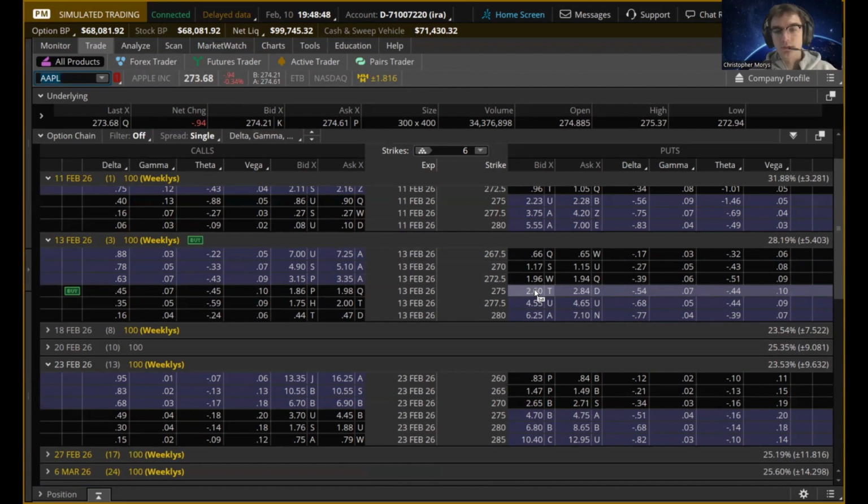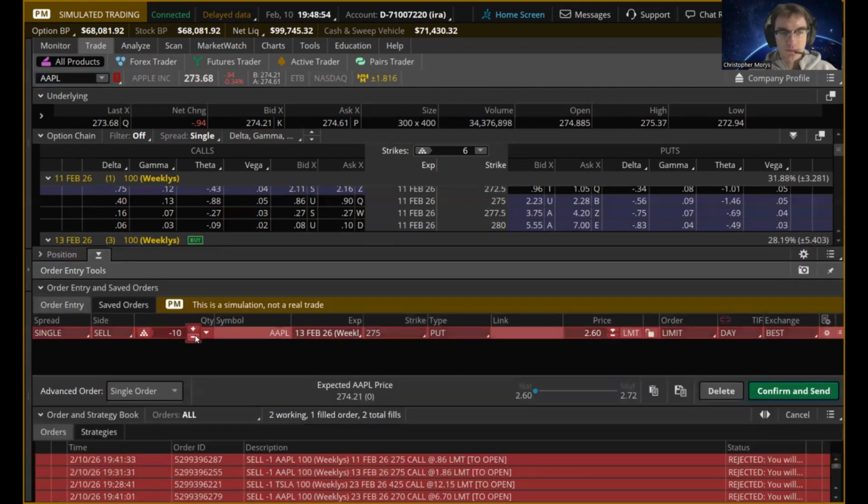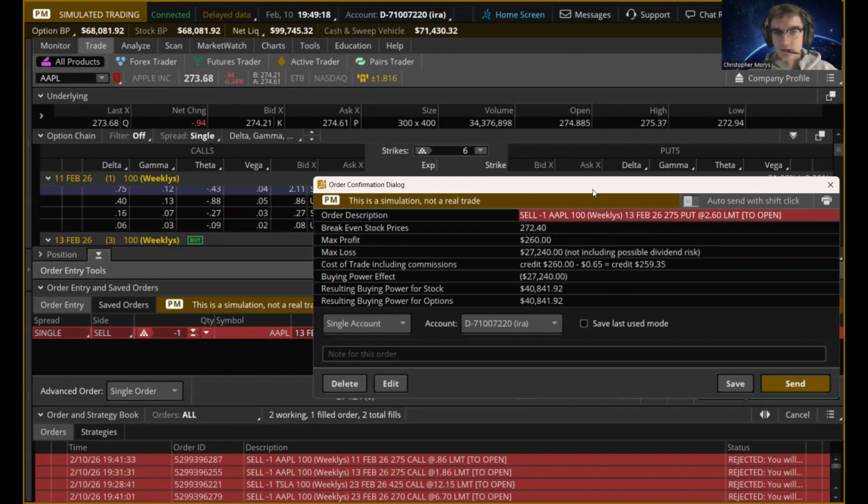Sell. Kind of hesitating because I don't want to make the same trade or an inverse trade on the same stock. So it's just a simulation, so it won't really matter in the end.